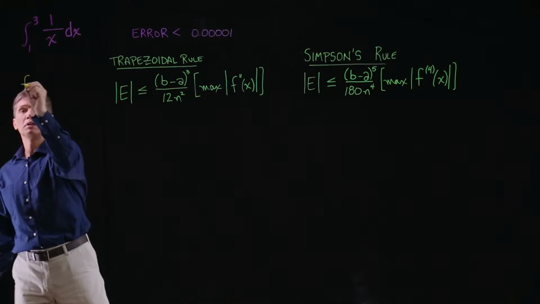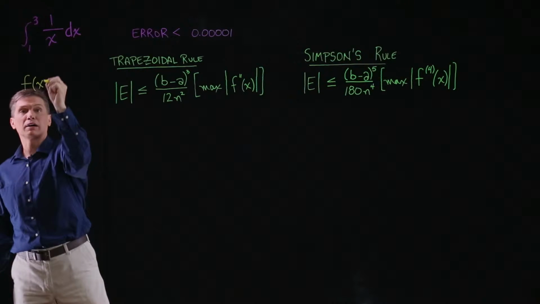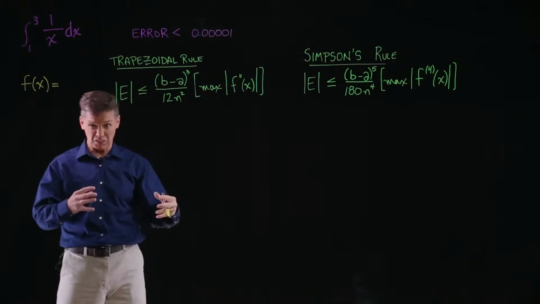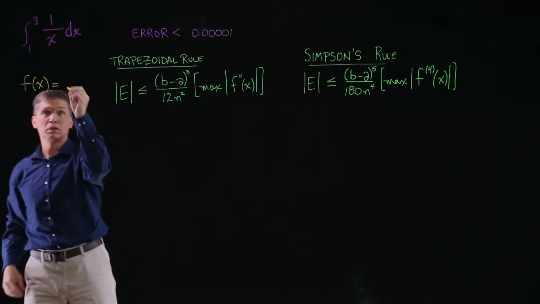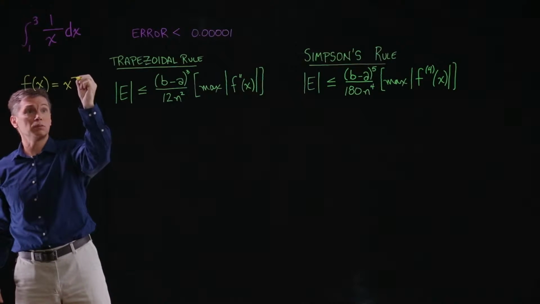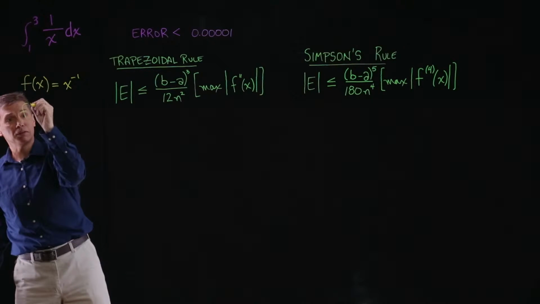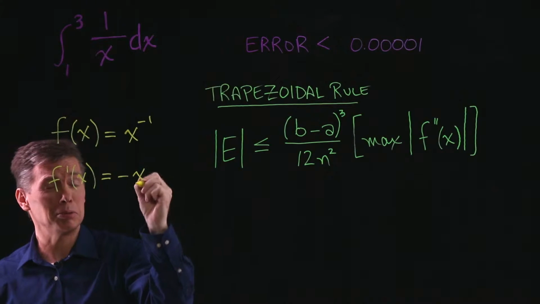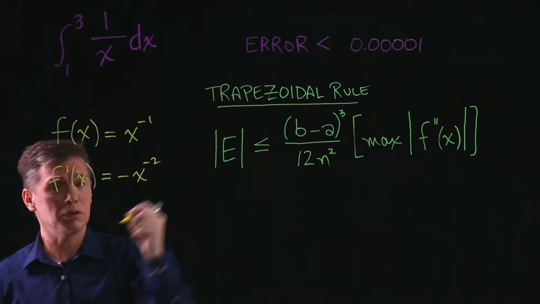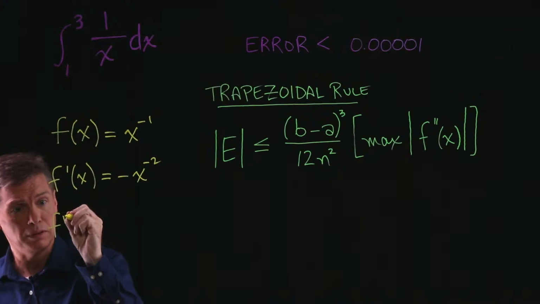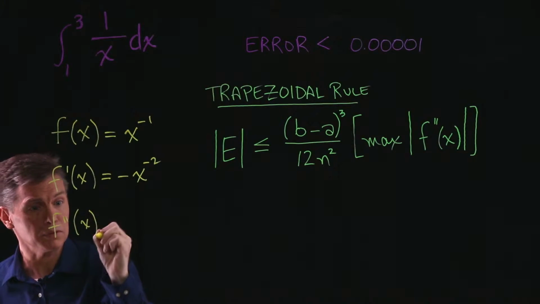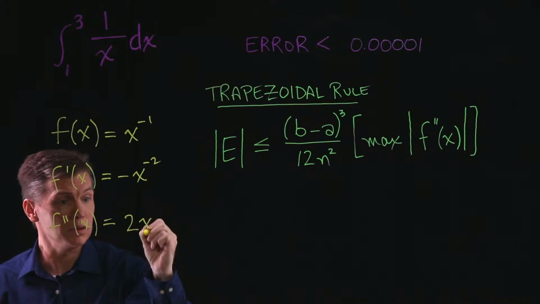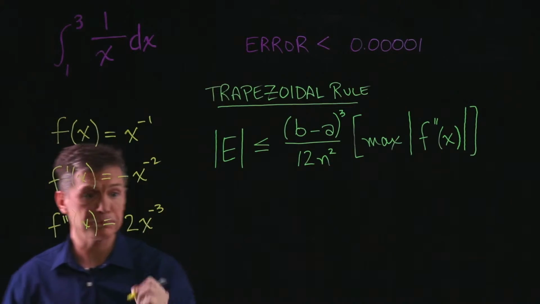From the original integral, our f of x, remember with these formulas, the function f of x is what's inside. So 1 over x, let's call it x to the negative 1. And then we can start taking some pretty quick derivatives, I think. Minus 1 in front, drop a power. f double prime of x: minus 2 in front, there's already a minus, so positive 2, x to the minus 3.